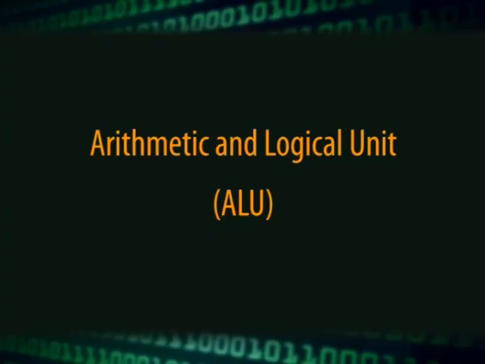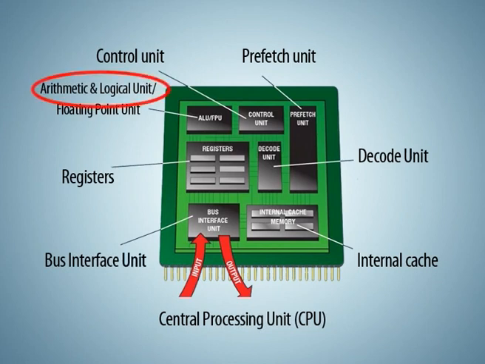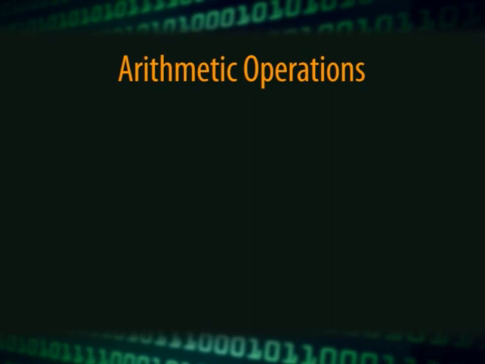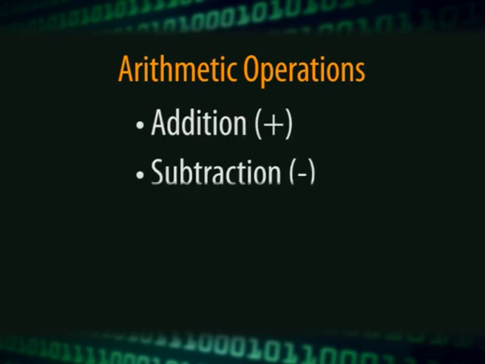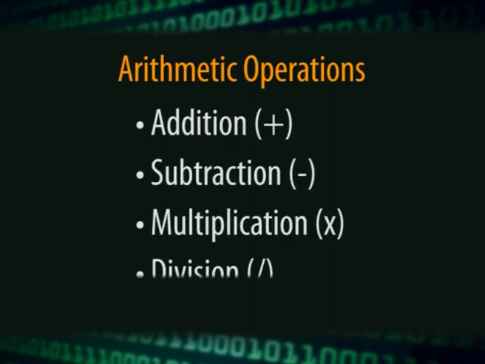The first component, as I explained earlier, is the arithmetic and logical unit, called ALU in short, used for arithmetic and logical operations. The arithmetic operations like addition, subtraction, multiplication and division are performed by the ALU. The operands required for these operations are given to the ALU either from internal registers or memory locations. The results are also stored in internal registers.